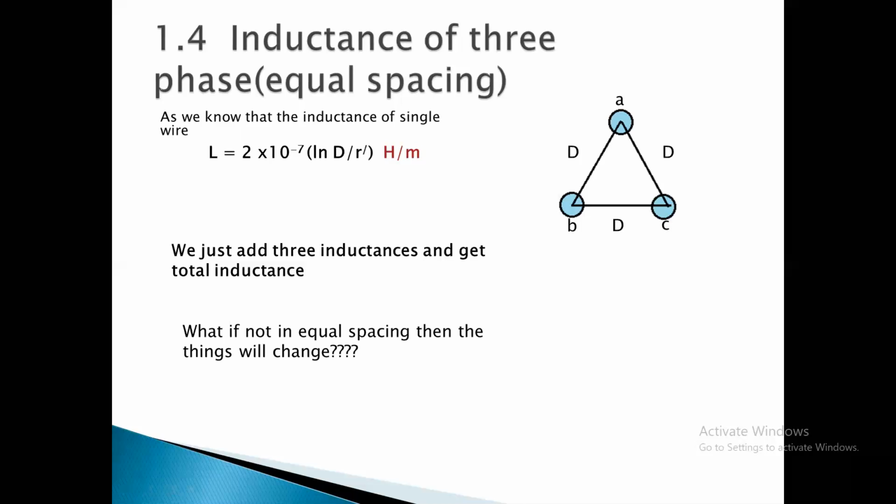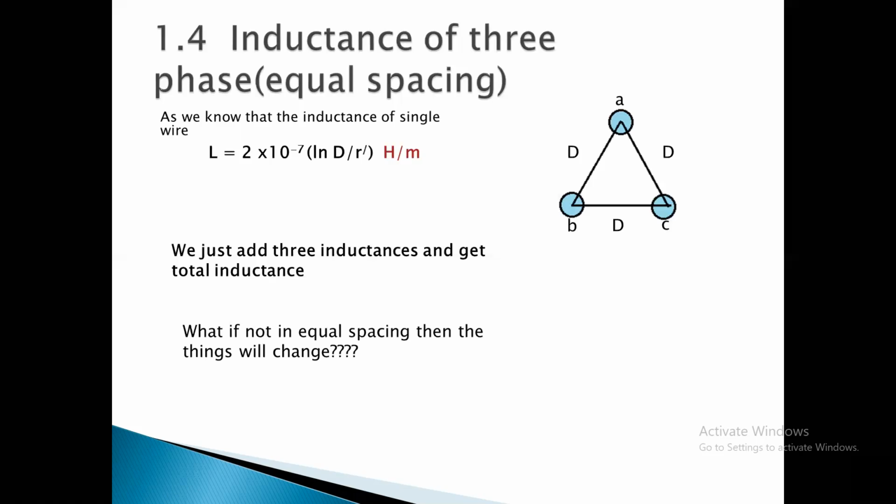Yes, we're going to get three L's and just add them together. Say it again, please. In this situation, we're going to get the three L's and just add them together, right? Wait, I couldn't understand. Can you repeat? I cannot hear. If it's equal spacing, can I just get the inductance of one only and multiply it by 3?